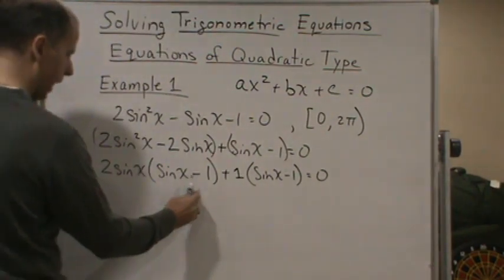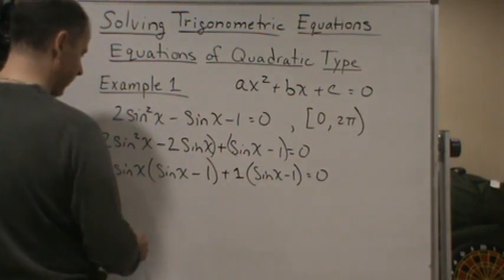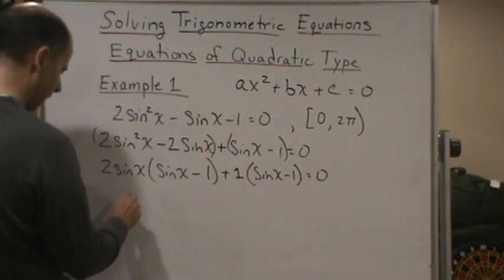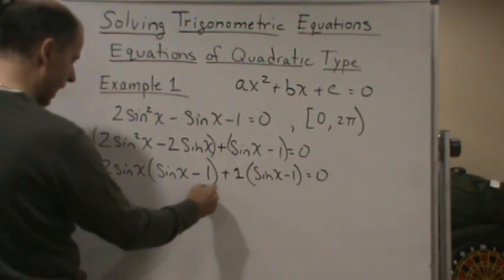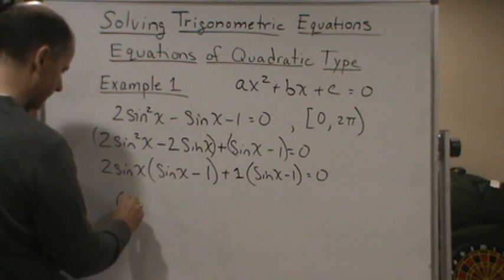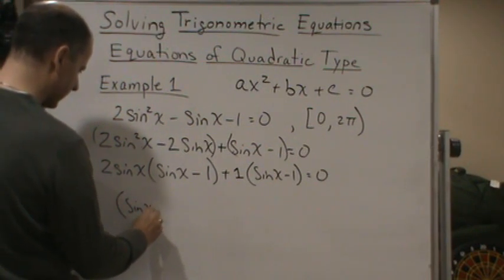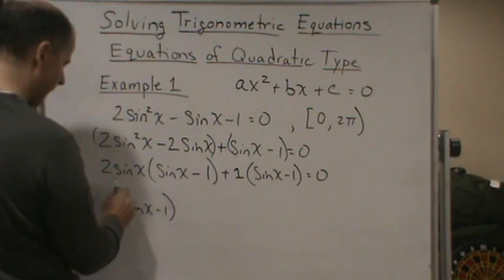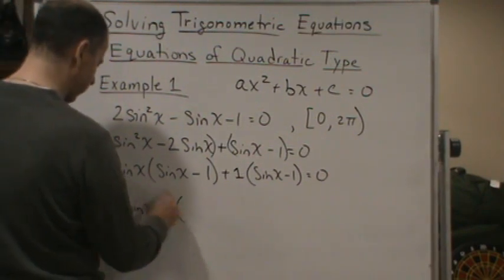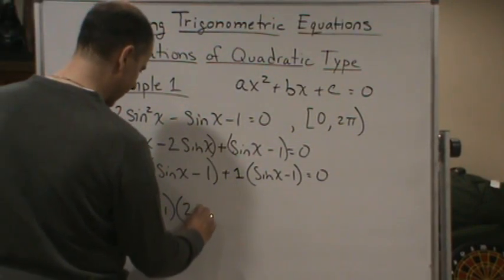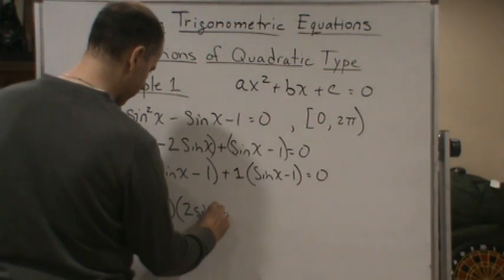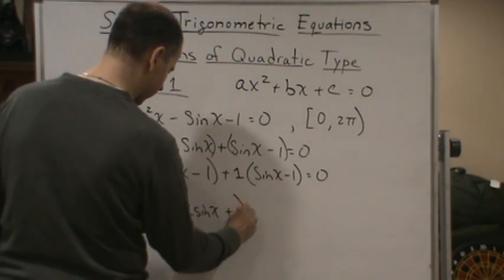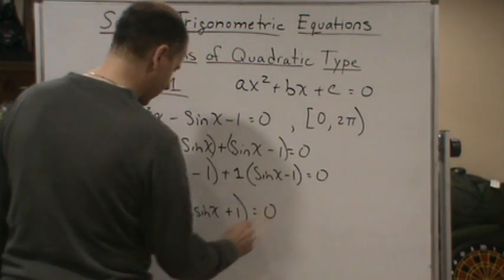So now, look at that, we've got another common factor. And so now I'm going to factor again. If I factor out the sine x minus 1, I get sine x minus 1 times what's left over: 2 sine x plus 1 equals 0.